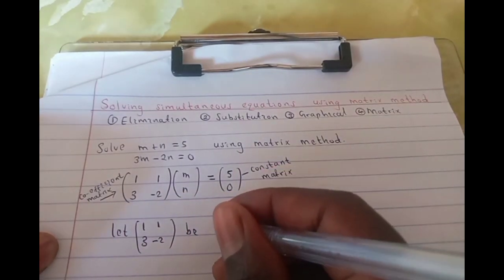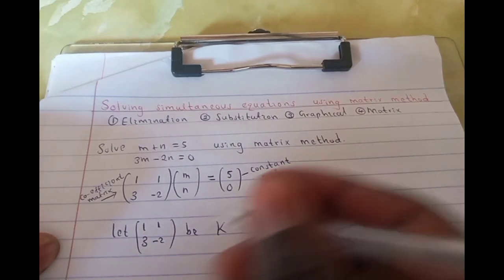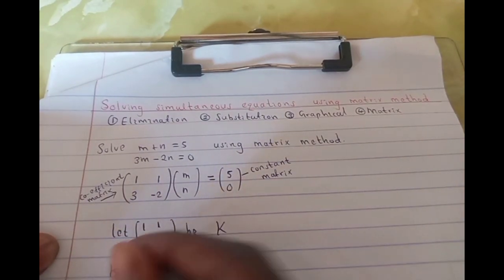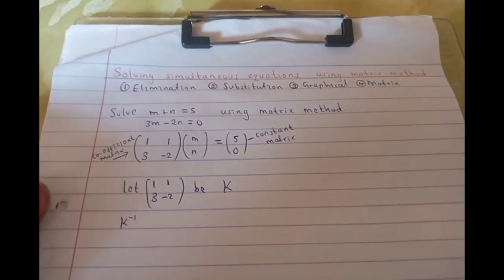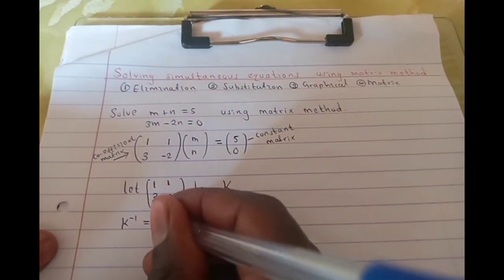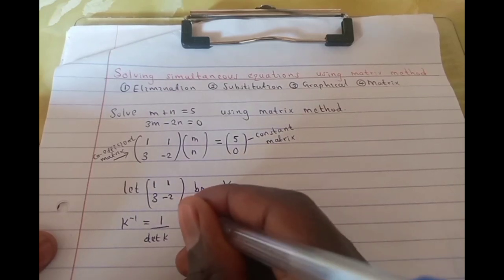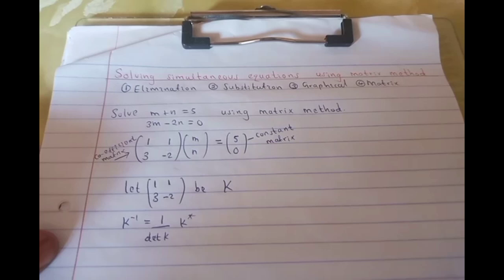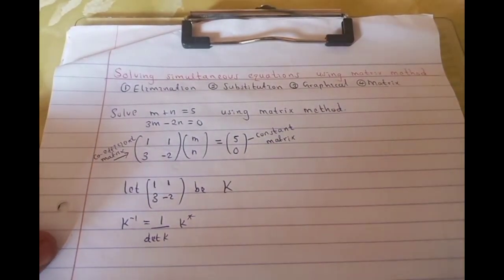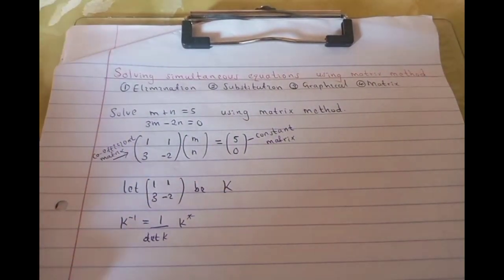Let us say k. To find the inverse of k, we are going to do 1 over the determinant of k times k star. I have already covered how to find the inverse of a matrix. The link is in the description of this video.